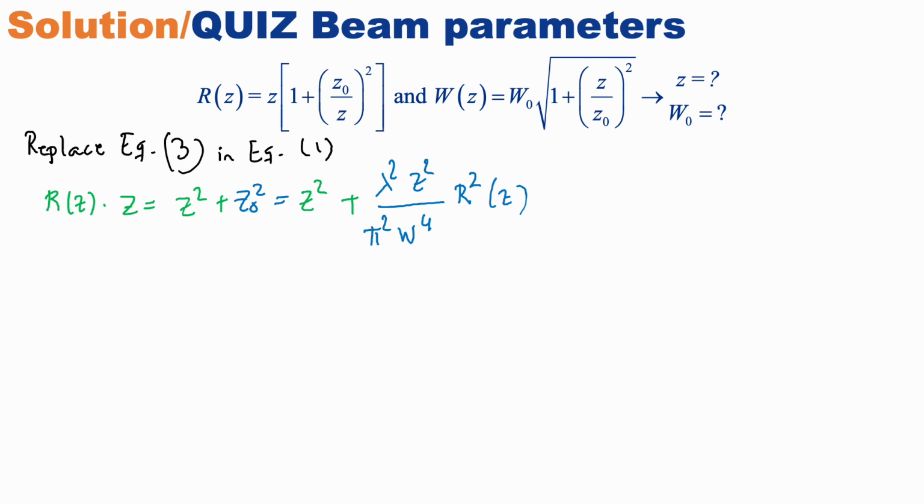So here what we're gonna have is my radius, and I'm multiplying everything. I'm removing a c across, so we have c plus lambda c radius square over pi 4 omega 4.